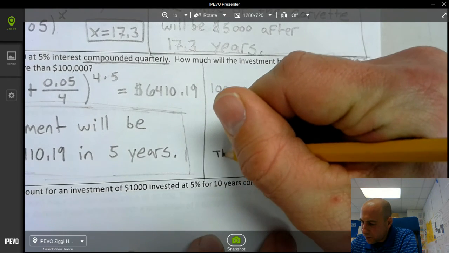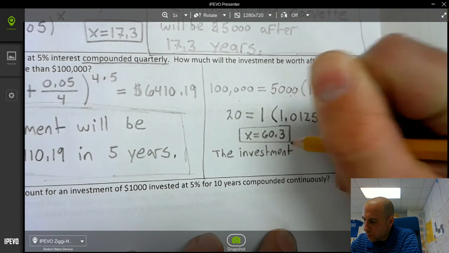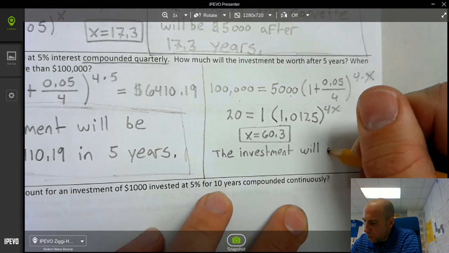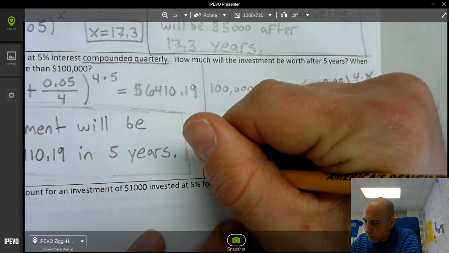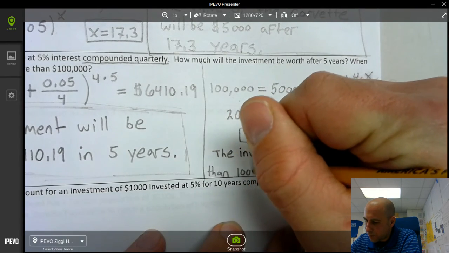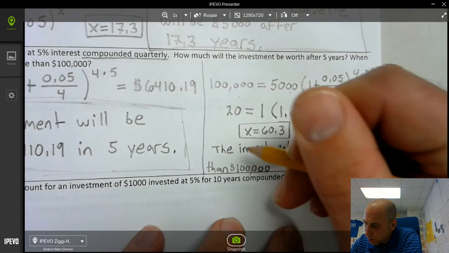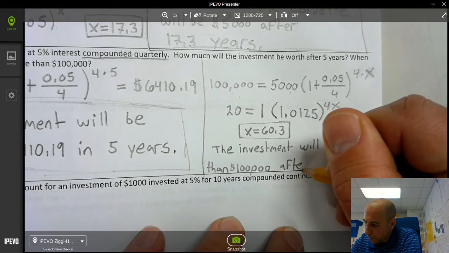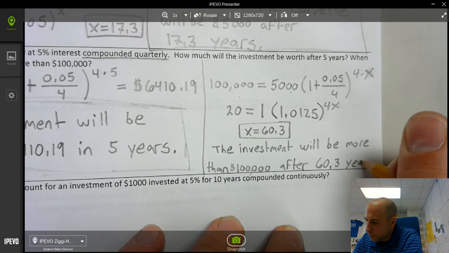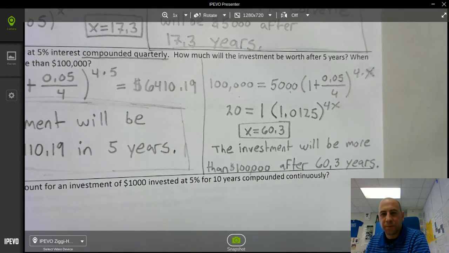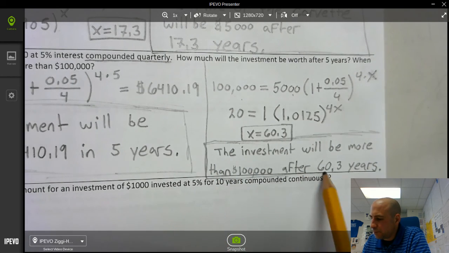The investment will be more than $100,000 after 60.3 years. Now, pause for a minute. Is that good? I want you to think about it. Is that good or bad?